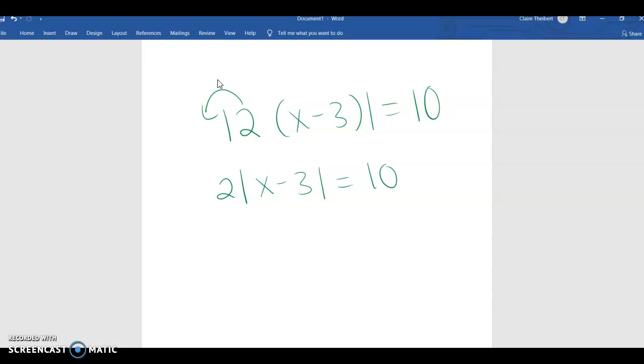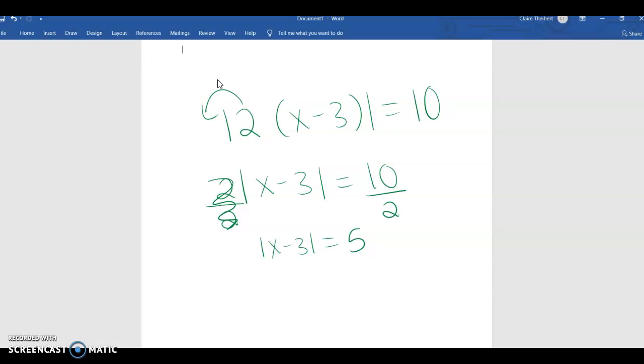We're saying 2 times x minus 3. So we want to do the opposite of that. We want to divide by 2. So anytime you see 2 right next to that sign, we want to divide it out. So 2 divided by 2, and we have to do the same thing over here, 10 divided by 2. Okay, so we get rid of that 2. Now we have x minus 3 is equal to 10 divided by 2, which is going to give us 5.